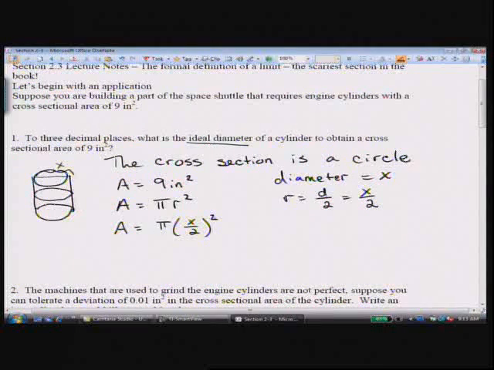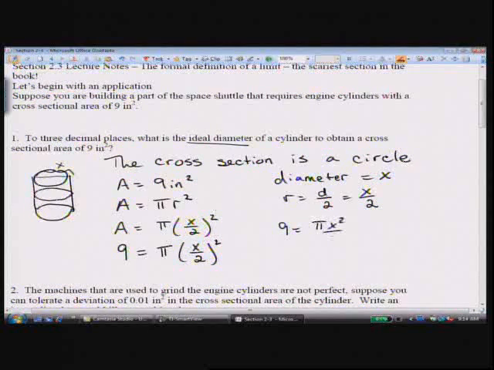And then for our problem, if we want the cross-sectional area to be exactly 9 inches, then we're going to put a 9 in here, and we will solve this equation for x, okay? So what we might want to do is go ahead and square this out. So we'll have 9 equals pi x squared over 4. And then multiply on either side by 4 over pi.